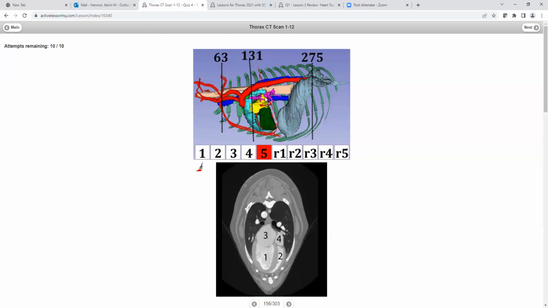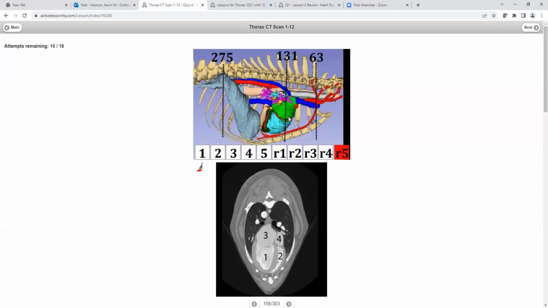The yellow one is the left atrium, okay? And then from a right view, the right atrium is dorsal, the right ventricle is ventral, and the left ventricle is a little bit caudal to the right ventricle. But you put all these things together.